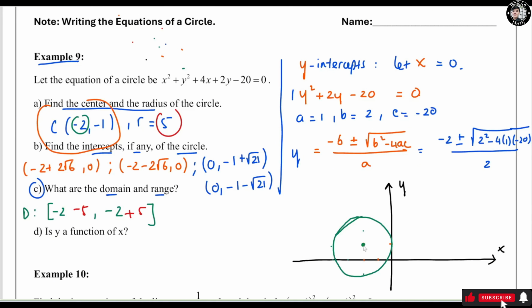Because the center is right here, if you subtract, it goes to the left. If you add, it goes to the right, right? So the domain should be from here to here, right? So it's going to be negative 7 to 3, right? Now you do exactly the same thing for the range. It's going to be negative 6 to 4, right?